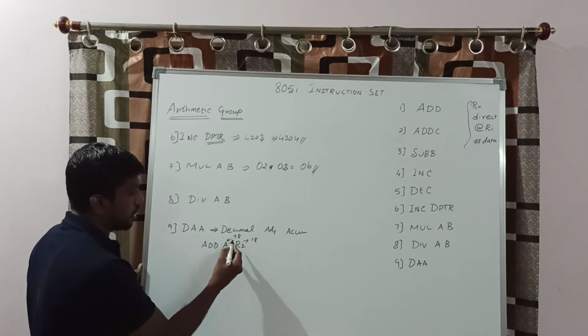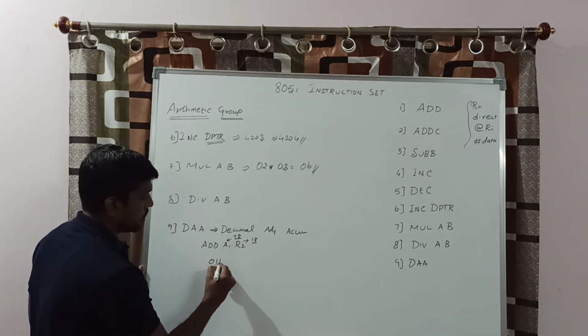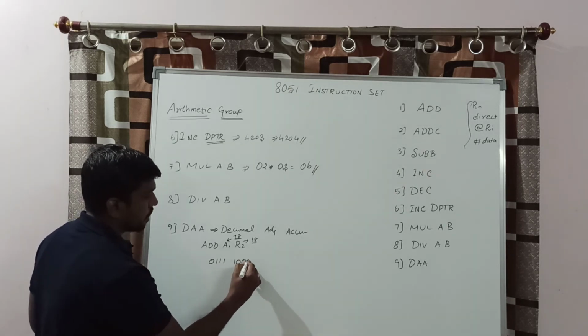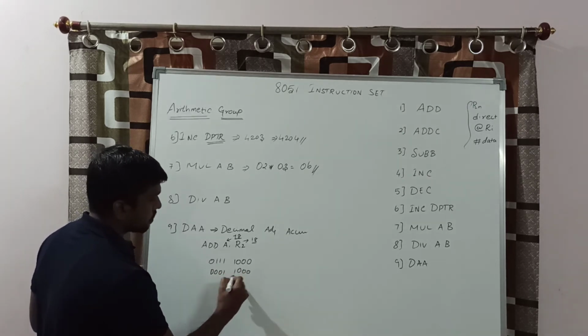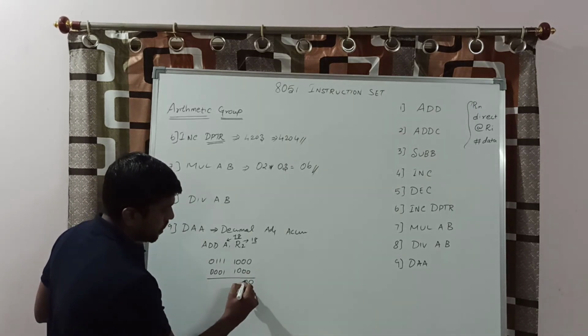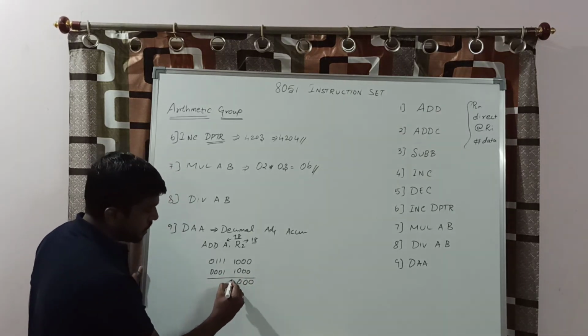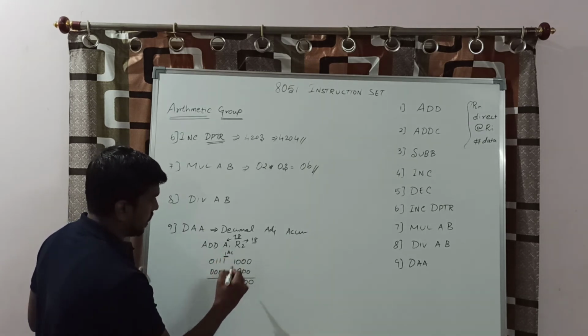First, you write the binary numbers of 78 and 18. Adding the two contents: 0, 0, 0, 1 plus 1, sum 0, carry 1. It's an auxiliary carry.